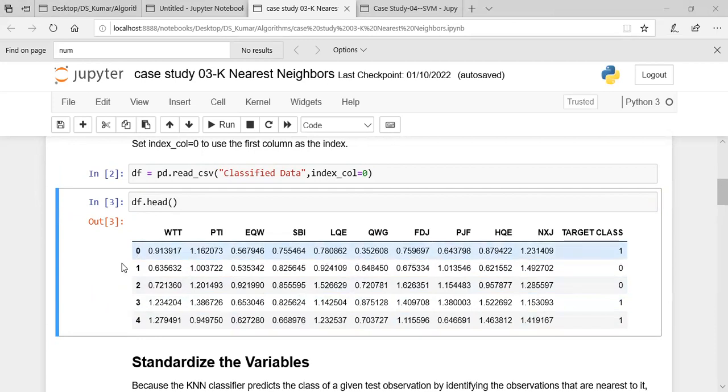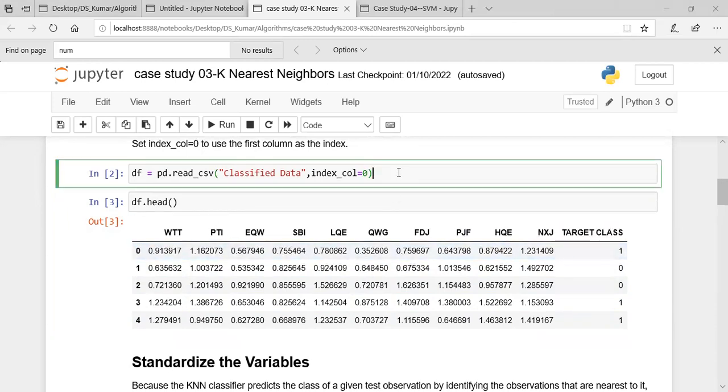We don't want to put that as actual data, because then it would come into the X values, but my X values start from this subscript only. That is why we put the index column as 0.